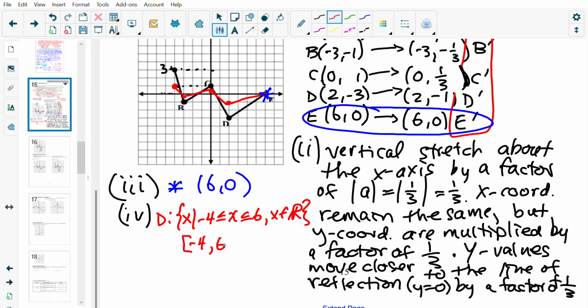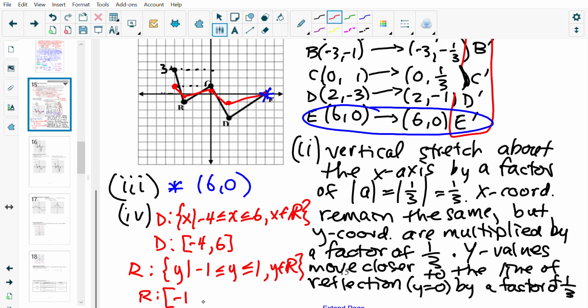So square brackets, -4 to 6. This is also your domain. And then the range. Y such that y is greater than or equal to -1, but less than or equal to 1. Y is an element of all real numbers. Or in interval notation, square brackets, -1, comma, +1, close the square brackets.